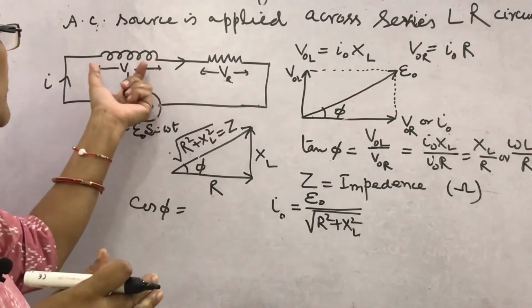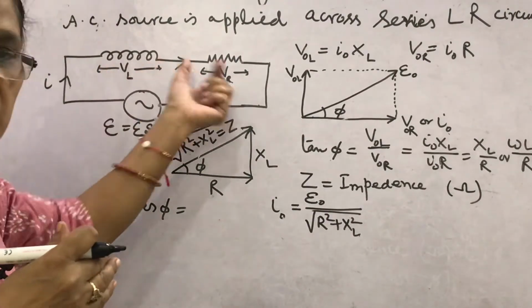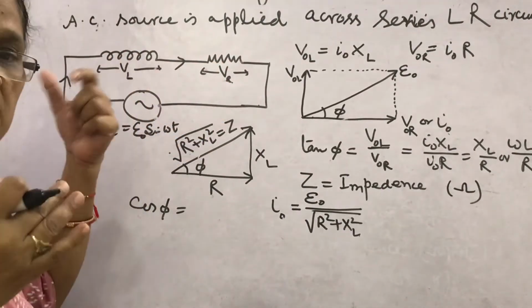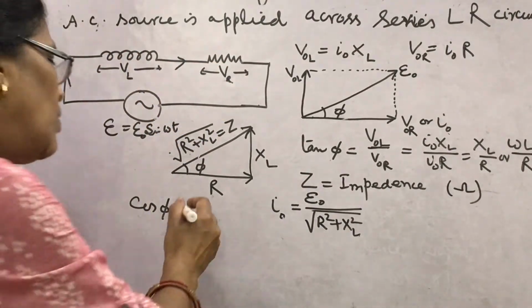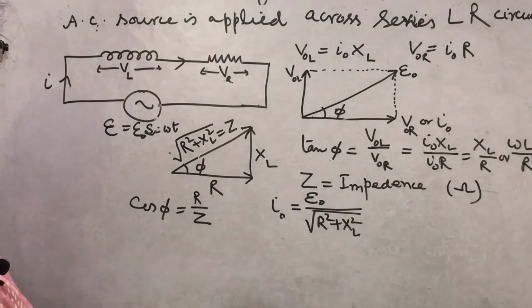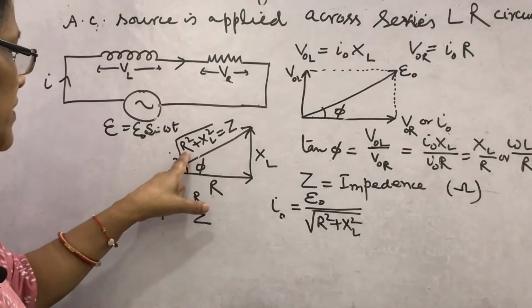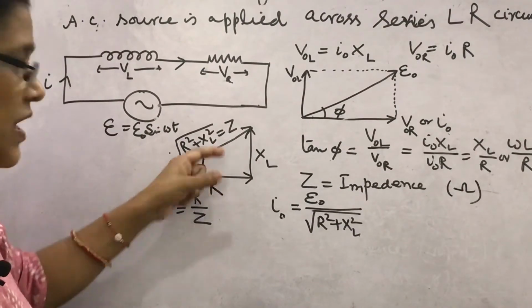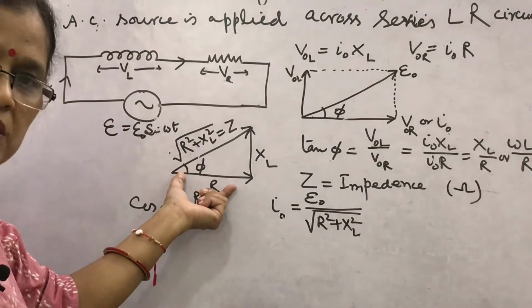In another circuit you will find L and C connected in series, in the next one R and C connected in series, but cos phi you will always find as R upon Z.